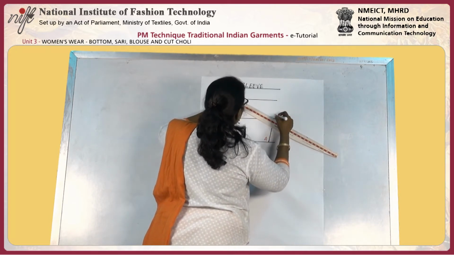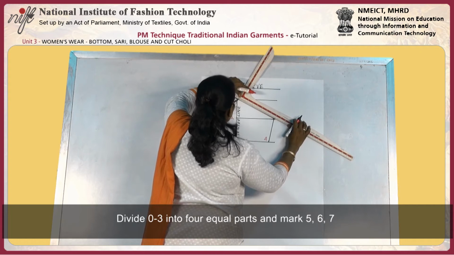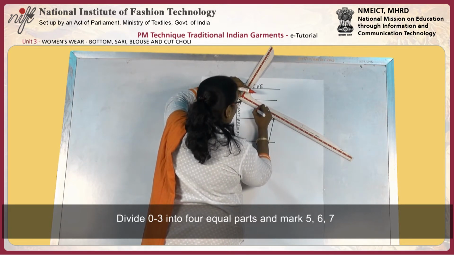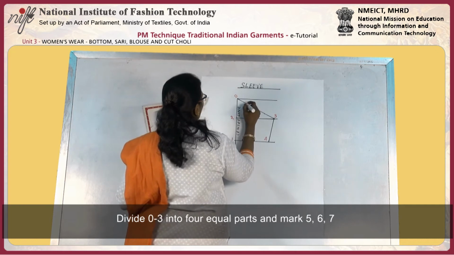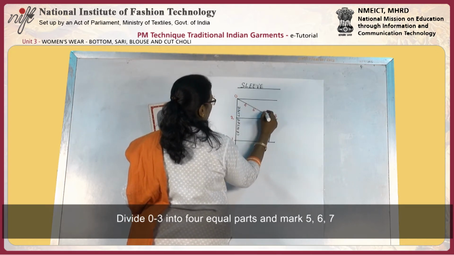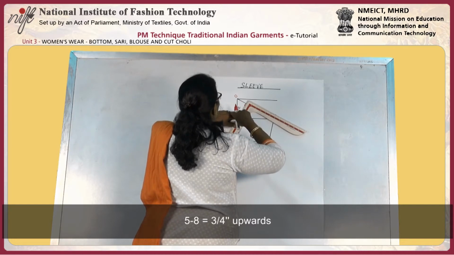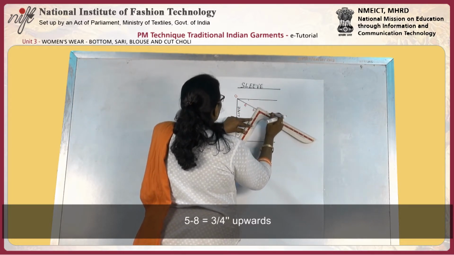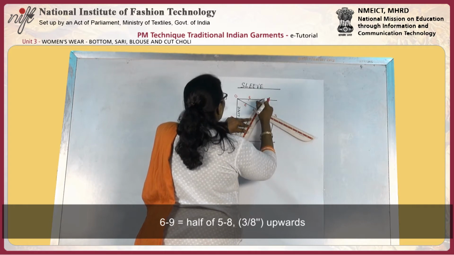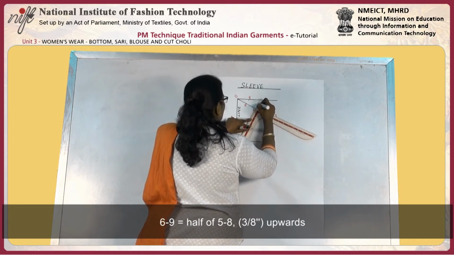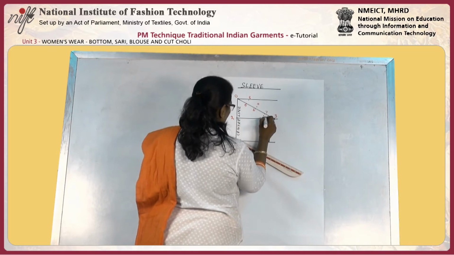and join 1 and 3, and divide this portion into 4 equal divisions, and mark 5, 6, 7. 5 to 8 is 3/4 inch, and 6 to 9 is 3/8 inch, and 9 to 10 is half an inch towards down.